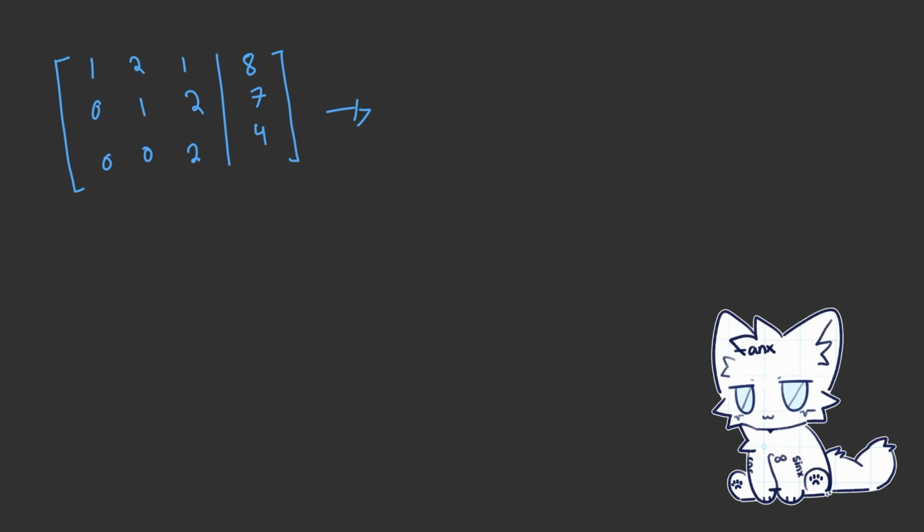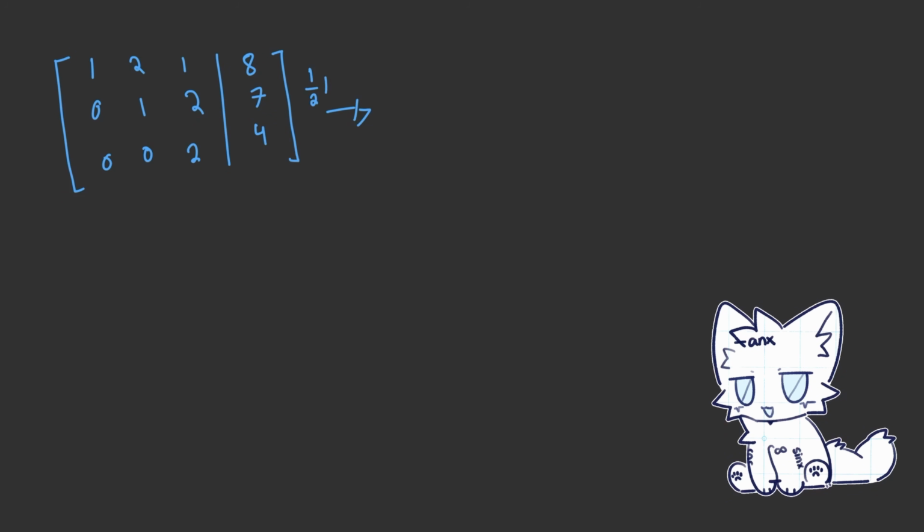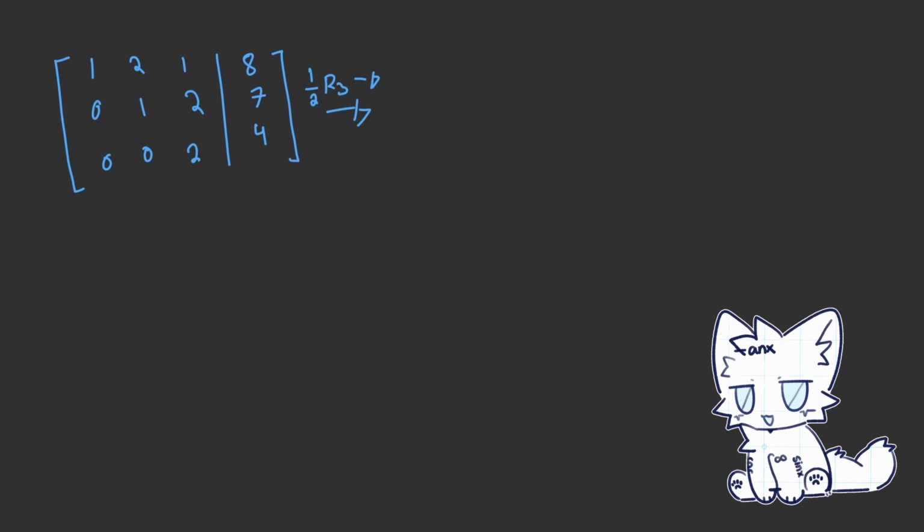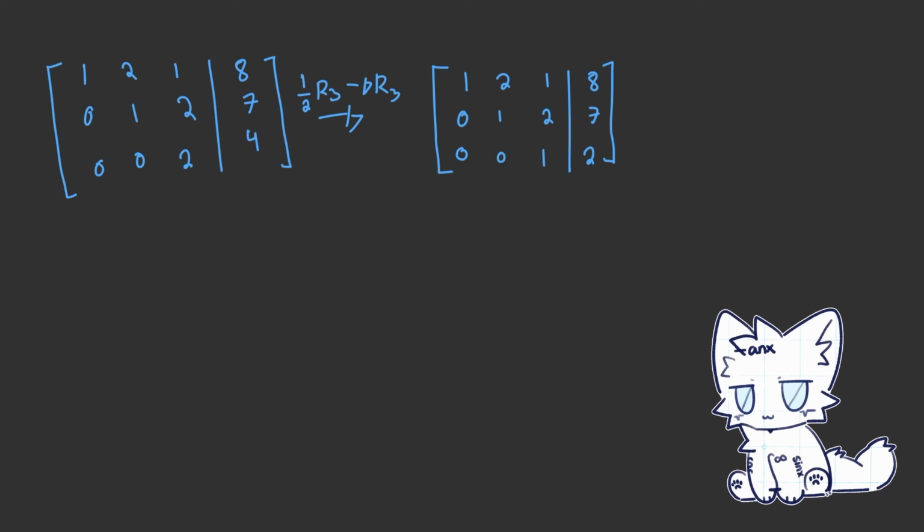So 1/2 of row 3 is equal to the new row 3. Now we have the pivots as 1.